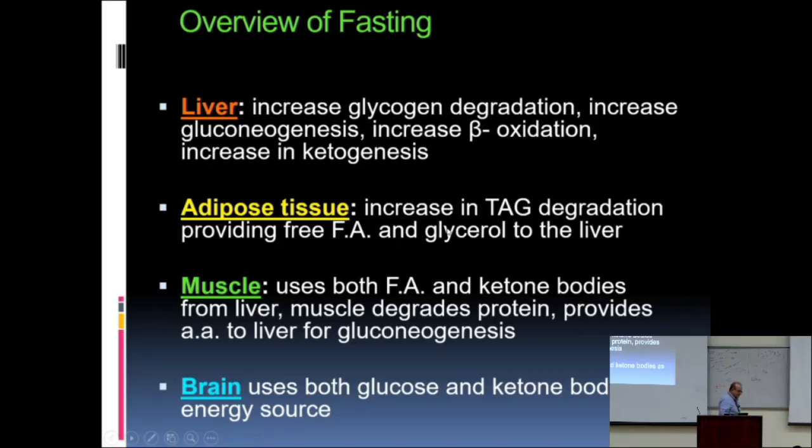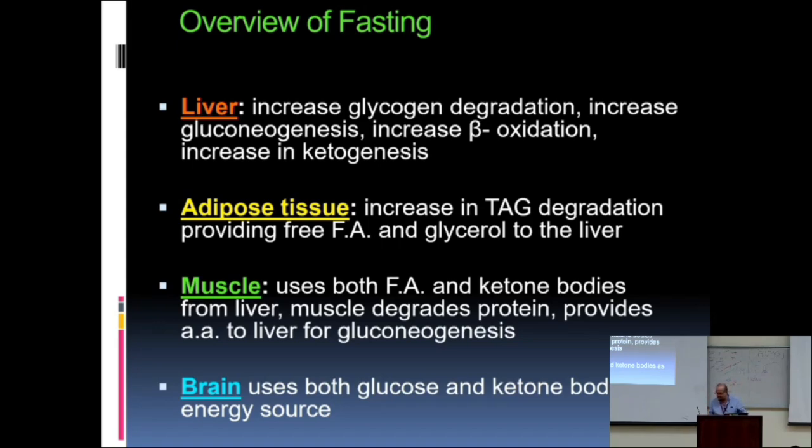When we are fasting, when we are sleeping, when we haven't had a meal for several hours. And just while I am thinking about it, fasting is typically 4 to 5 hours after a meal and beyond. Okay? After 4 or 5 hours from the time you've had your last meal, that's considered fasting.